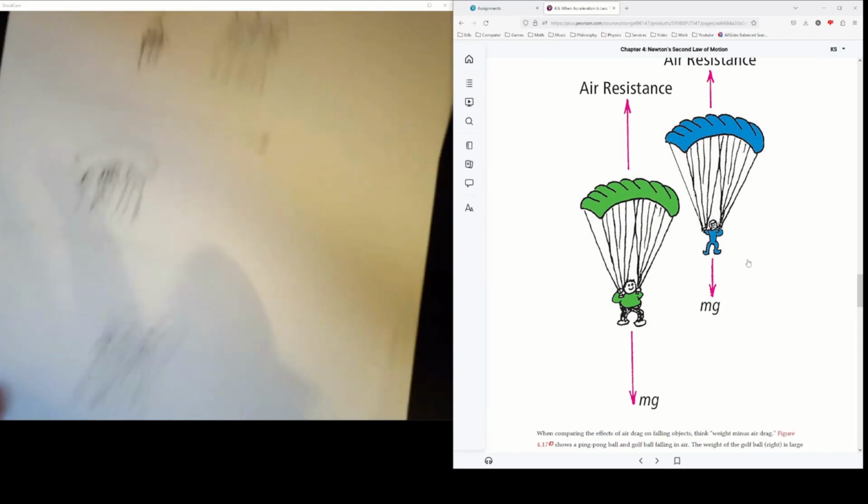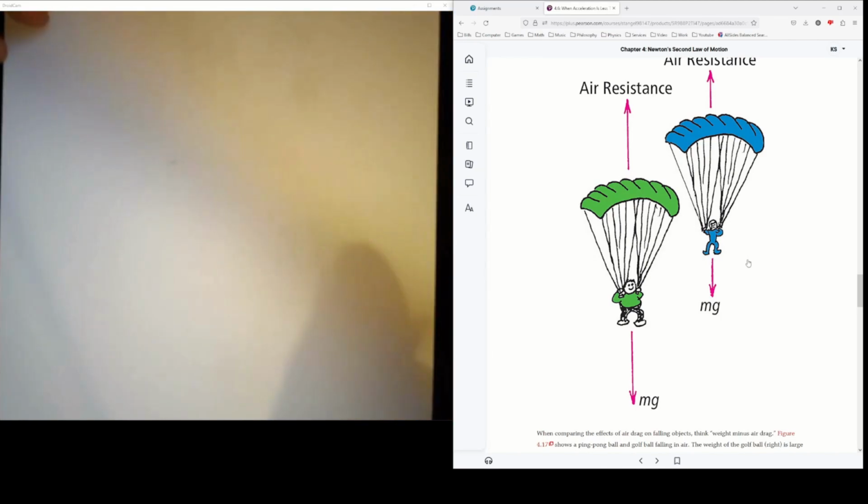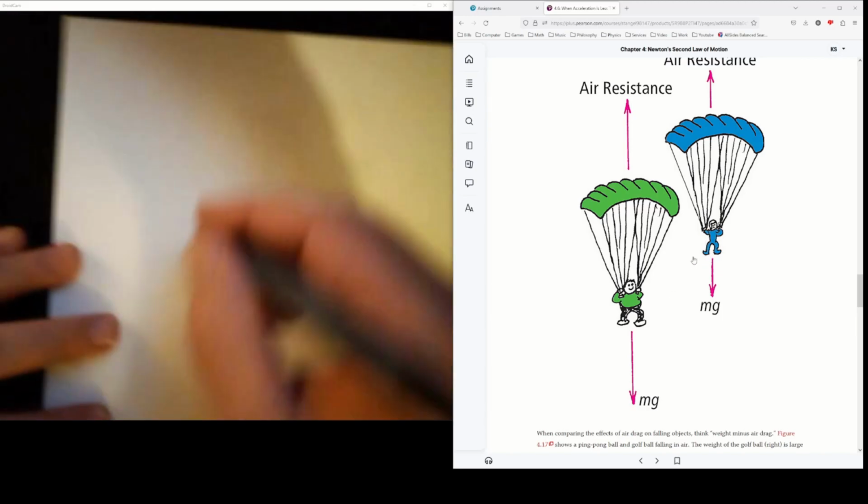So I'm gonna take a guess here. If not, it's still something I'm sure they want said here. They're using M for both of these people, which mathematically means they have the same mass. But this green dude looking a little chunkier than the blue person here. So I'm guessing these are meant to be different masses.